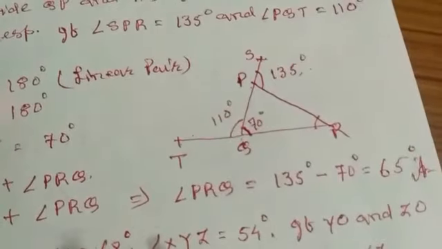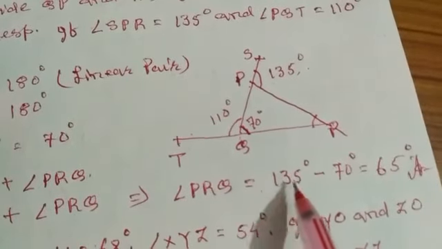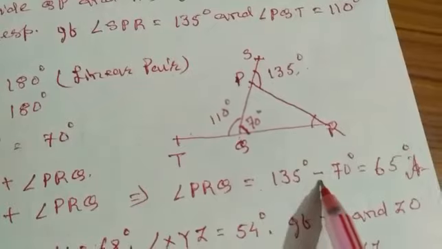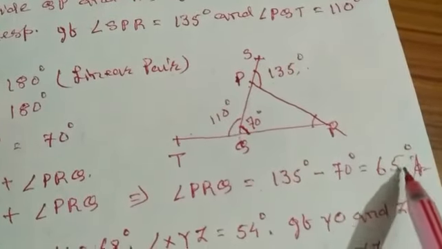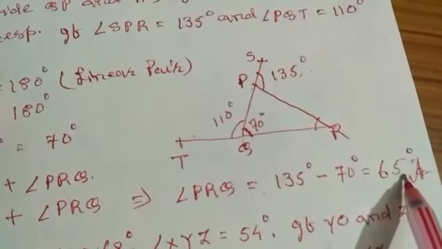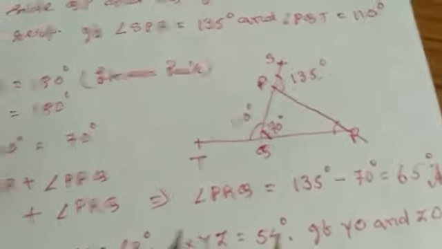On further solving it, angle PRQ is equal to 135 degree minus 70 degree, which is equal to 65 degree. In this way, this question has been concluded.